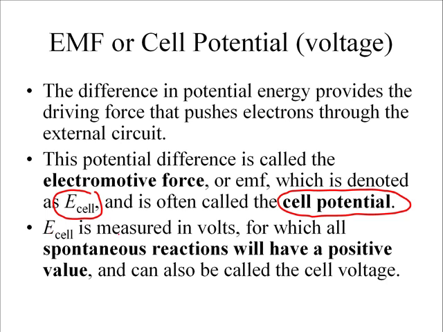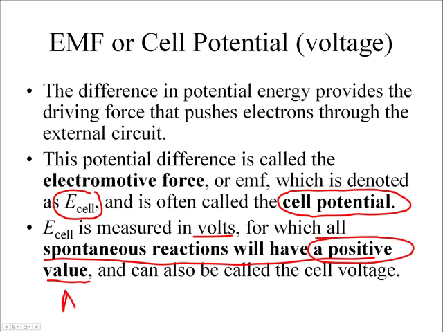Okay, E cell is measured in volts, just like how we just saw. And here's the important part here. Because the anode will always be higher than the cathode, because all voltaic cells occur spontaneously, we know that E cell will always have a positive value. Just like how we talked about with delta G, how we said that delta G, when it's spontaneous, is equal to a negative value.